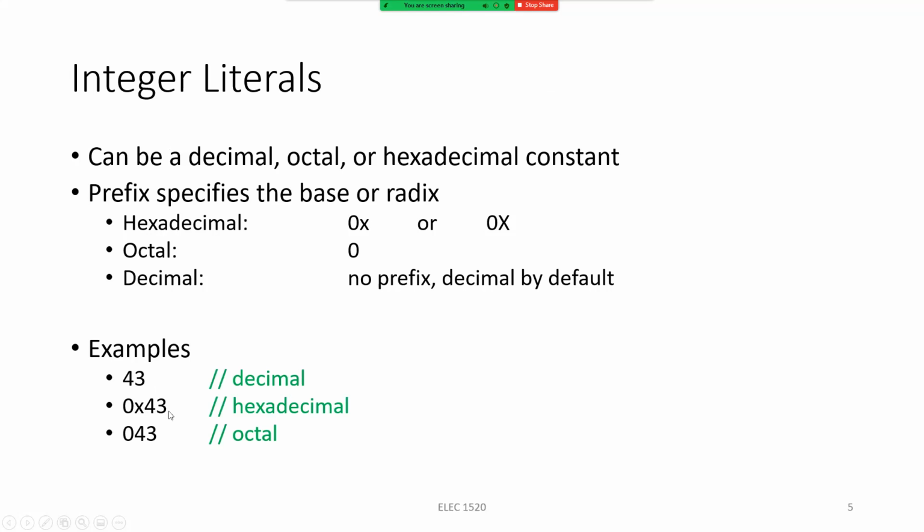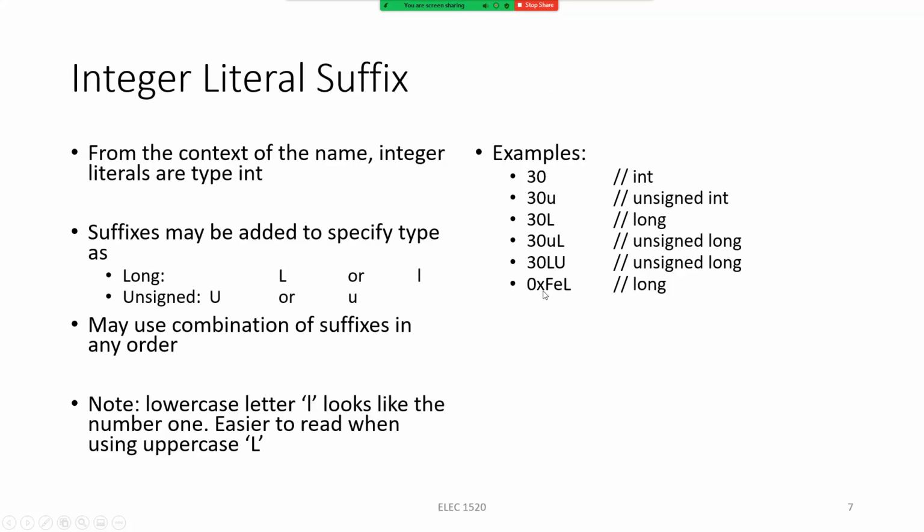If you wanted to make this a long, which is what we're doing here, so 0xFE, those are hexadecimal symbols, this is basically 15 by itself and then 14 in base 10, but specify the suffix L there, and it says that this particular literal constant value is a long.